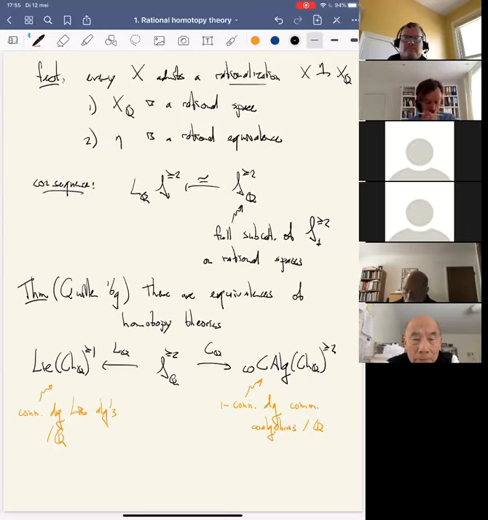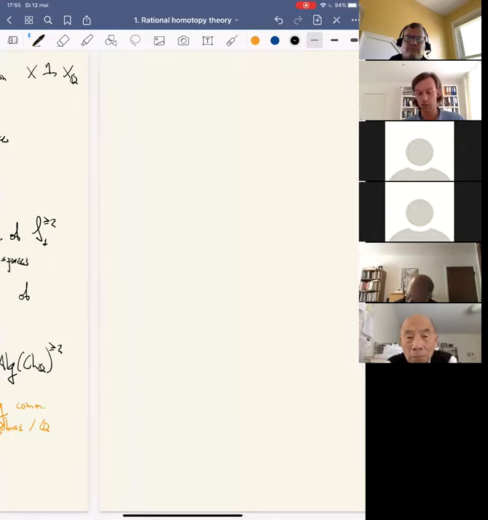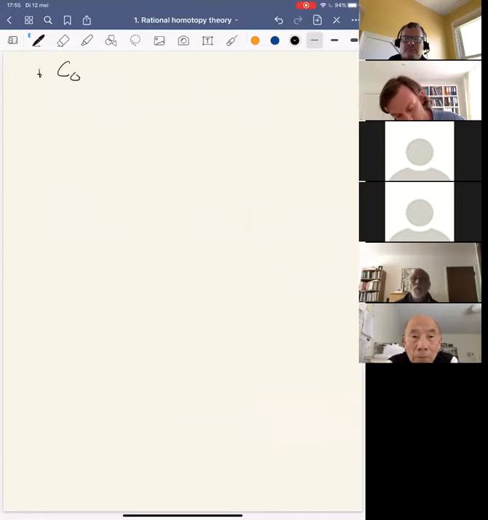And these functors are kind of hard to describe very directly. If you read Quillen's paper, there are long chains of equivalences between various different homotopy theories. So it's not so easy to unravel, but on an informal level, it's not so bad. This C_Q is really a version of the usual rational chain complex.